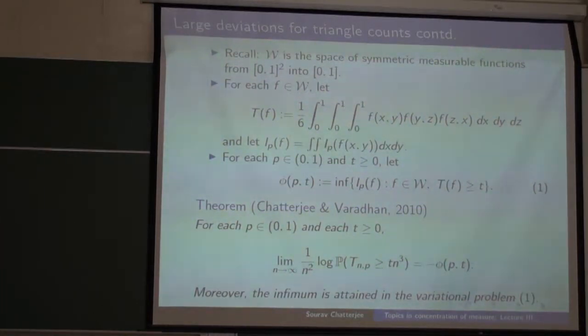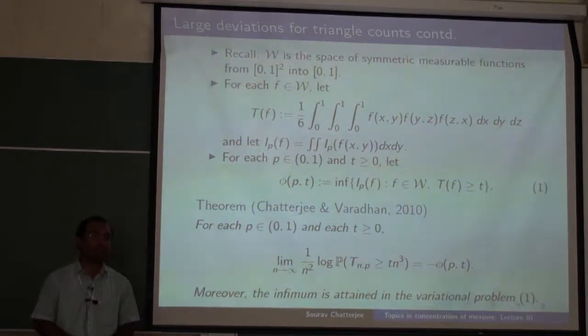So it's just a lucky coincidence that in a certain region you can actually evaluate this infimum. And we still don't know how to evaluate this infimum over arbitrary p and t. And moreover, this infimum is attained. So there is a function which attains the infimum. Otherwise, it would be pretty strange.